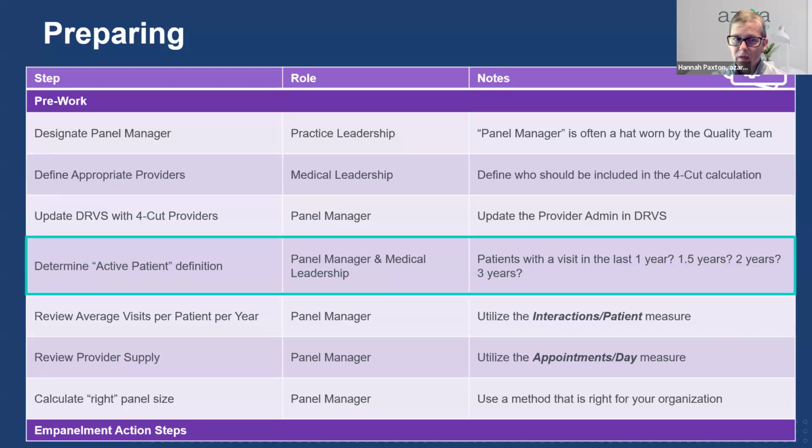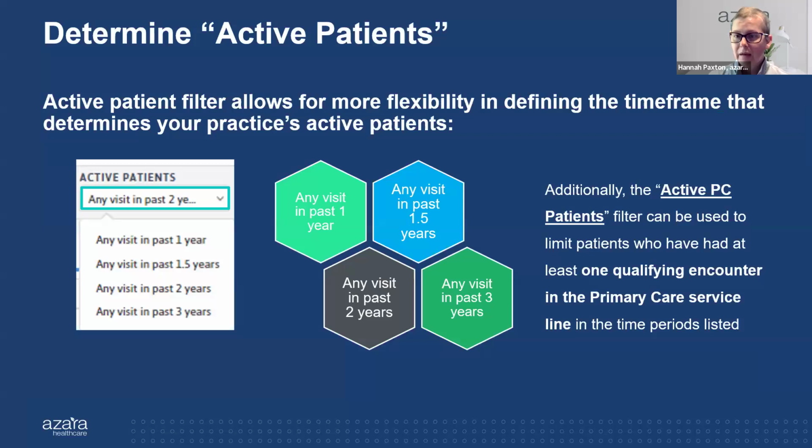Okay, and then we're going to determine our active patient definition. A lot of times I see that health centers are going based on what the payer considers a new patient versus an established patient. And so on your panel measure, you do have the ability to specify what is your definition of an active patient.